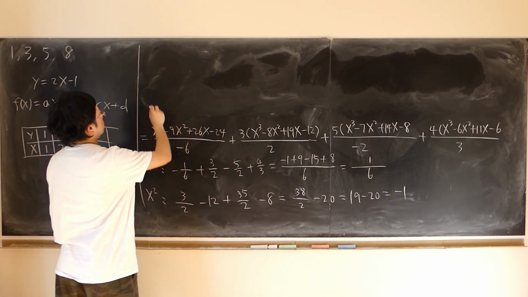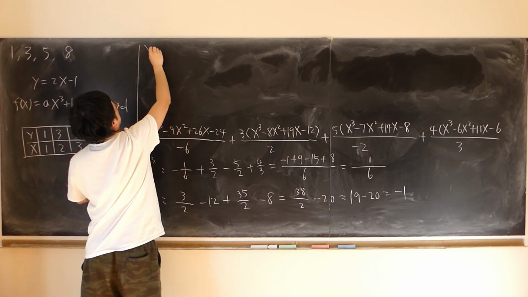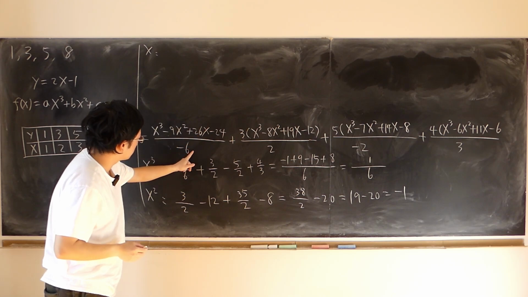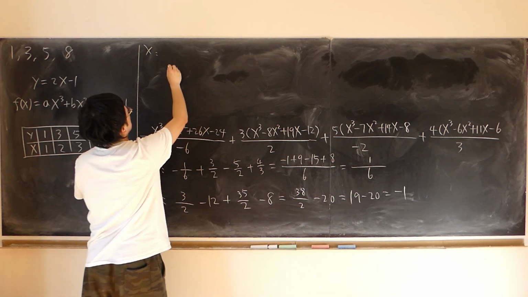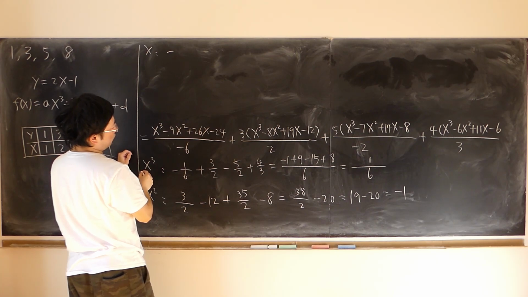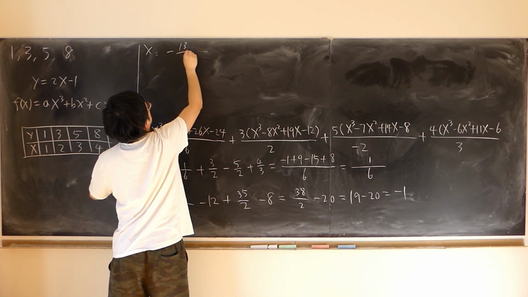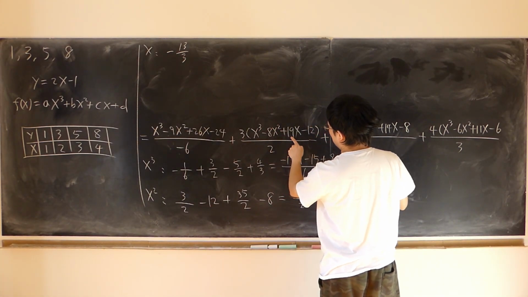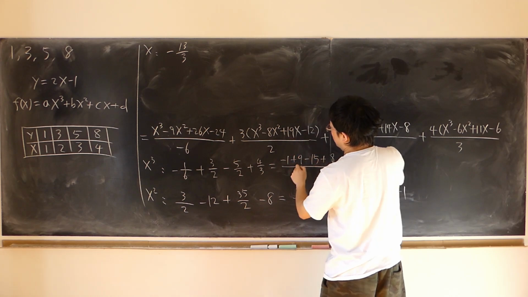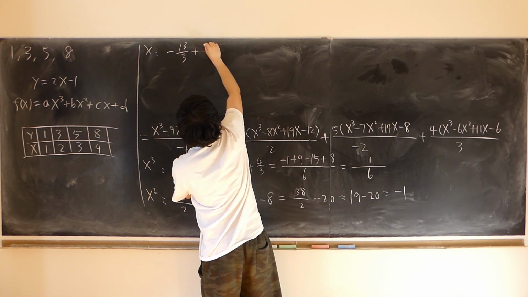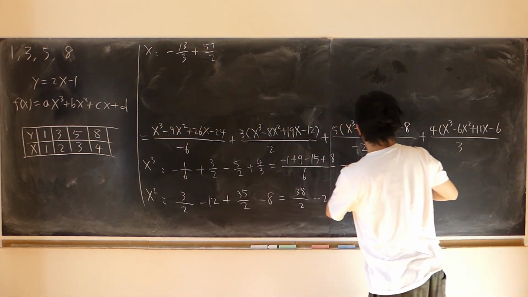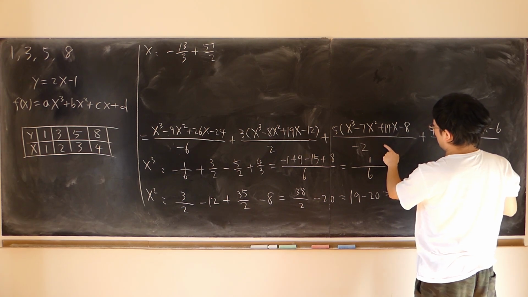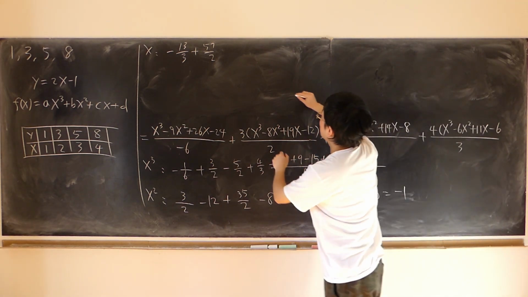So what is the coefficient for the x term? From this term I have negative 26 over 6. So maybe simplified, negative 13 over 3. From this, 3 times 19, 57. 57 over 2. And from this term is negative 14 over 2, 7. So negative 35.